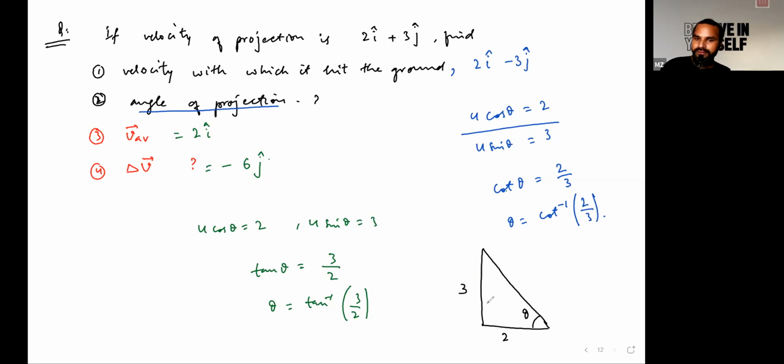Square these two terms and take the square root. 3 squared is 9 and 2 squared is 4. 9 plus 4 is 13, so your hypotenuse will be root 13. From this, we can write sine theta is equal to perpendicular by hypotenuse, or theta is equal to sine inverse 3 by root 13.